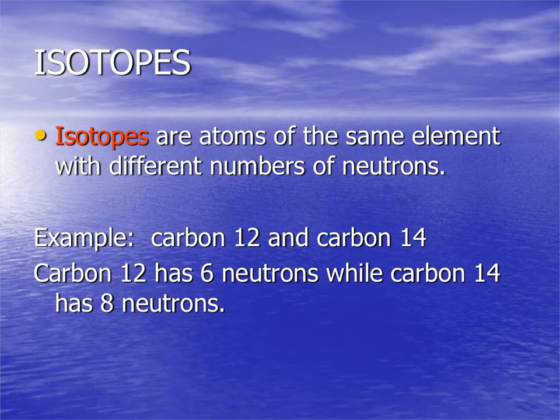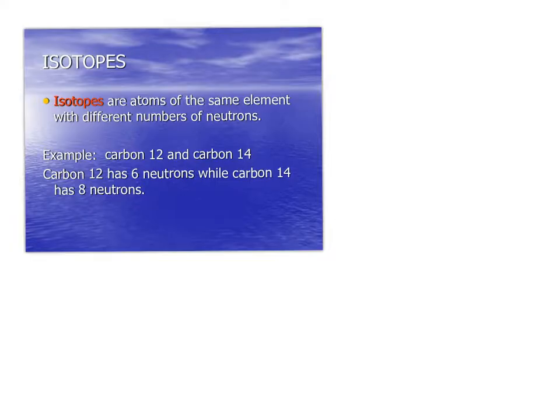All right, so isotopes are different forms of the same element. So what does that mean? Well, an element is defined by the atomic number. The atomic number defines the element. So if I tell you it's atomic number 6, that equals carbon.